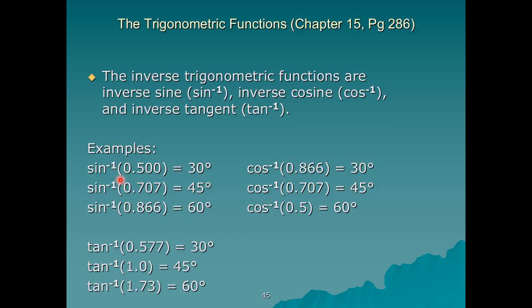Your calculator has the inverse functions. If you press the inverse function and enter the fraction, it will give you the angle. But make sure you change the calculator to degree mode so that the angle is given in degrees, okay? You can try a couple of these to see whether your calculator is working right.